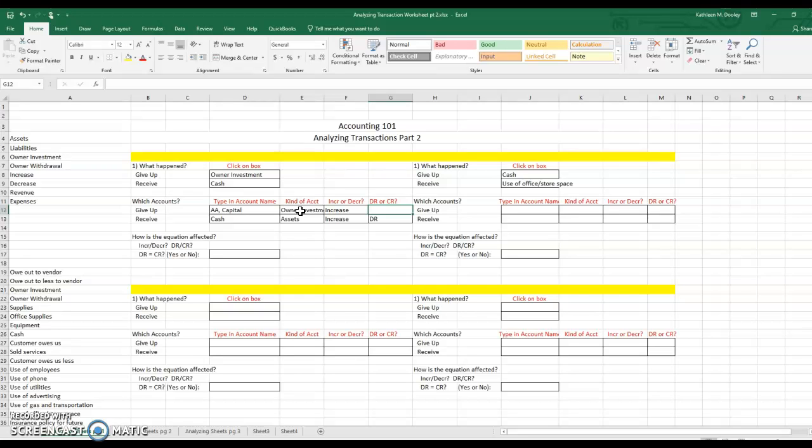And so we learned from our table you're supposed to have memorized that an increase is a credit for L, I, and R. This is an I, an owner investment. We do have an increase, so that will be a credit. Okay, so we have 1 debit and 1 credit. So do our debits equal our credits? Yes, we have 1 of each. So we put in yes, and we're good to go for that first transaction.